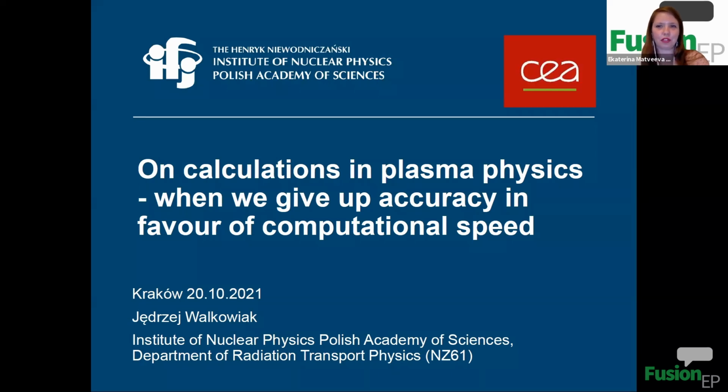After 2 years of working in the automotive industry as a CFD engineer, he started his PhD at the Institute of Nuclear Physics, Polish Academy of Sciences in Krakow. He works on the interaction of fast electrons with plasma impurities in tokamaks and developing dedicated models for plasma simulation codes. So without further delay, I give the floor to our speaker today.